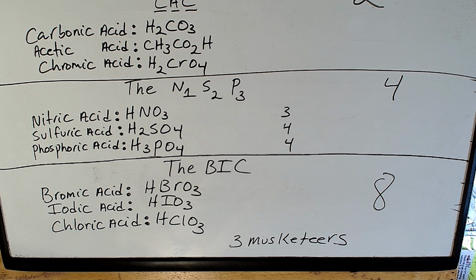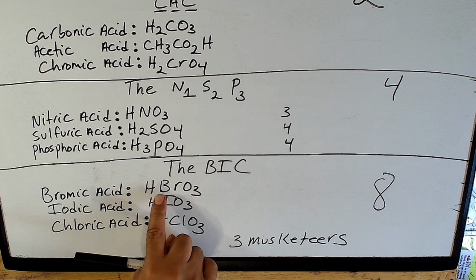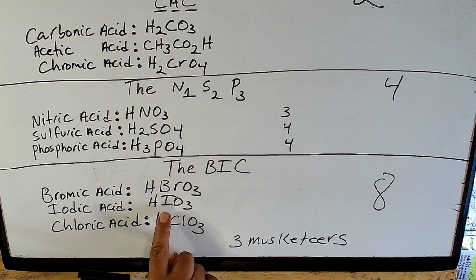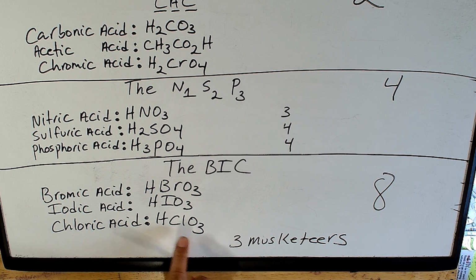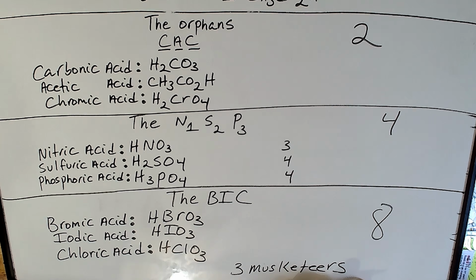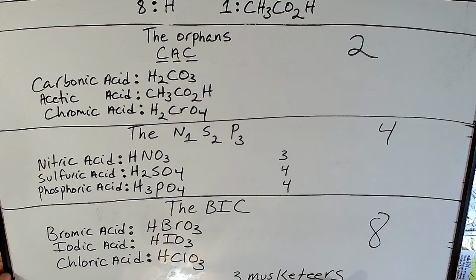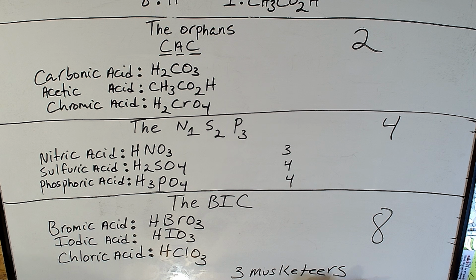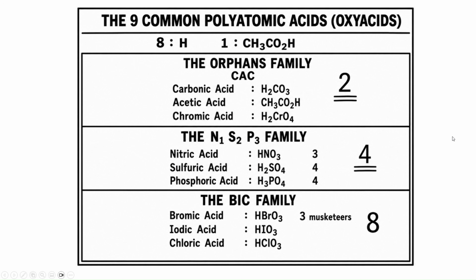So it's 3 of them, the Three Musketeers, and they all end with the subscript of 3. HBrO3, HIO3, HClO3. And this here makes the 9 common polyatomic acids. This is the same 9 common polyatomic acids. It's just that they are in a much neater format.